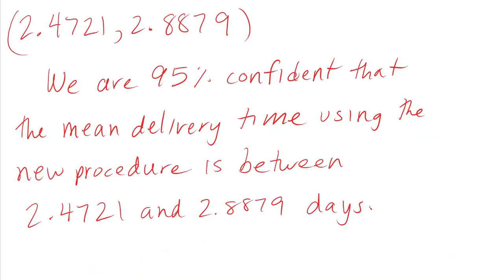Well, according to the confidence interval, we're 95% sure that the mean is between 2.4721 days and 2.8879 days. 3 isn't on this interval. We're pretty sure that it's less than 3. We're 95% sure that it's on this interval. So we're very, very sure that it's less than 3 because 3 isn't on the interval. So almost certainly they've reduced the delivery time to under 3 days. That's an extra step of analysis that you can do with these confidence intervals.